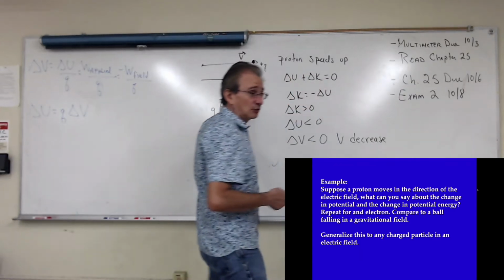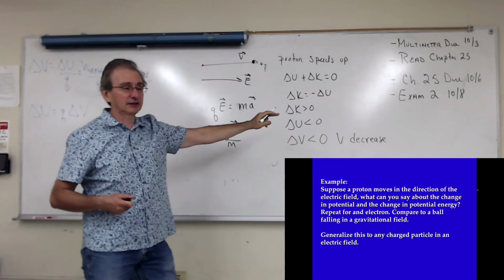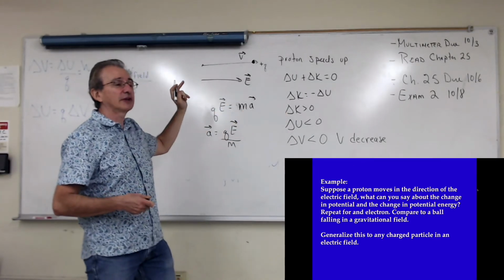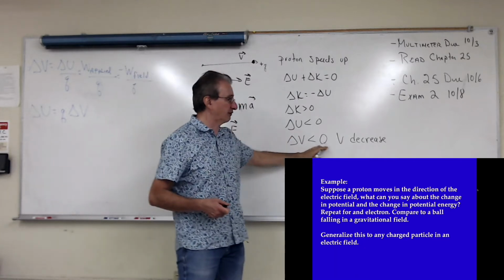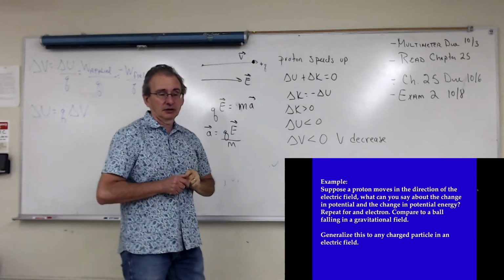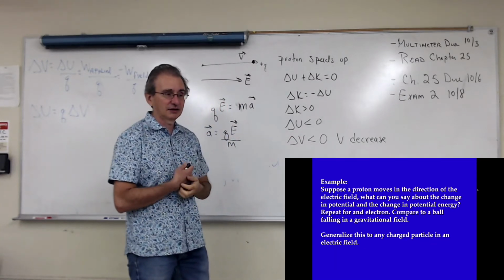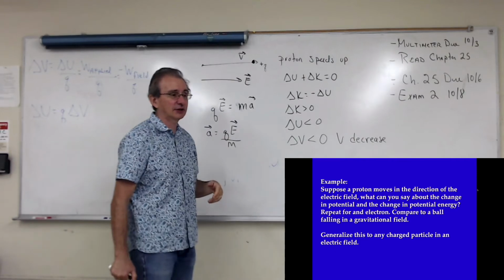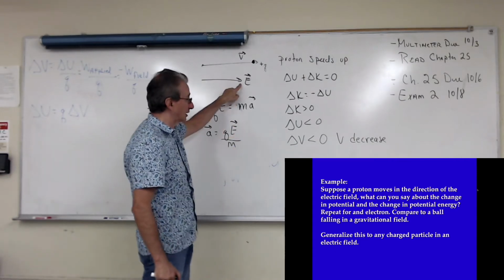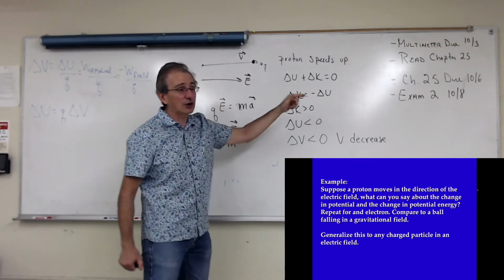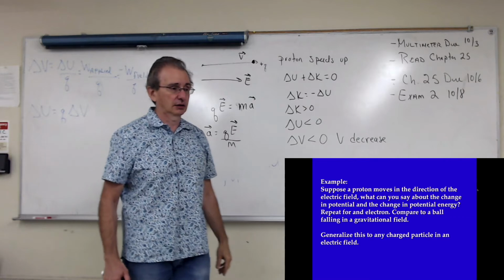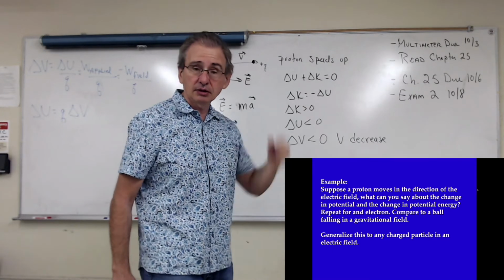The object is moving in the direction of the field, but it's also moving in the direction of decreasing V. So you can see that the electric field is directed towards decreasing V. Make sense?